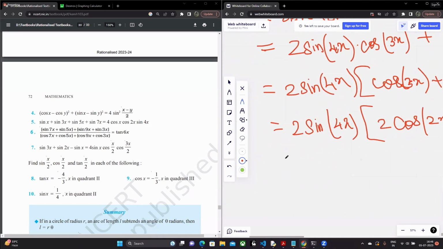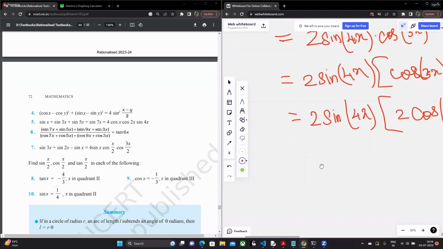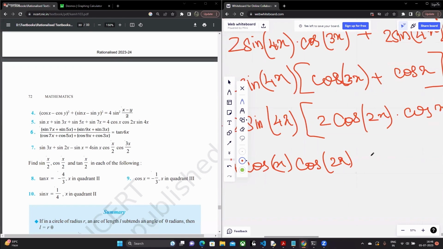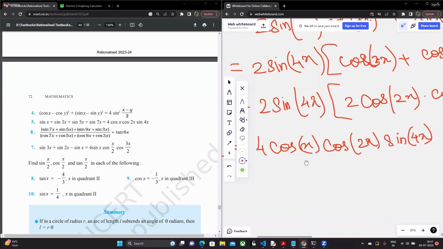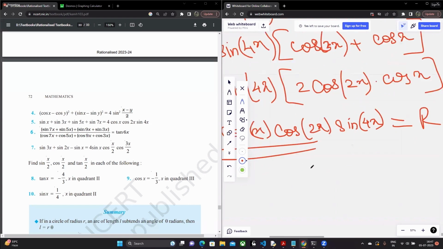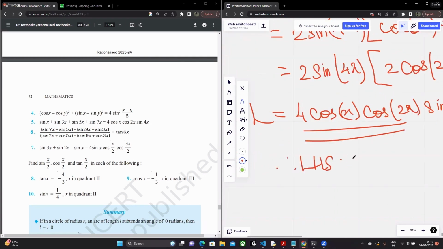Therefore, L is going to be equal to 2 into 4, the cos x, the cos 2x into sin 4x, which is equal to the right answer. Therefore, you can state that LHS is equal to RHS. Therefore, you have proved the expression.